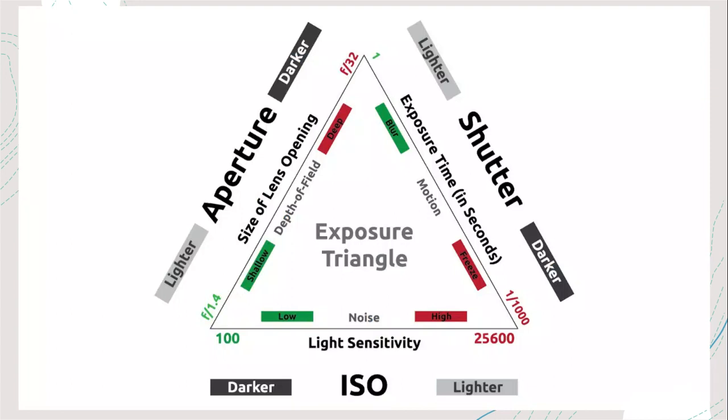As I've already covered the two of them, the ISO and the aperture, the shutter speed is more to do with how it affects motion, which is inside the exposure triangle.